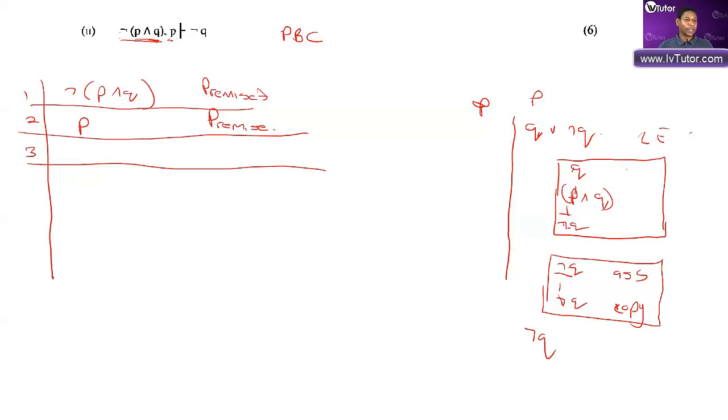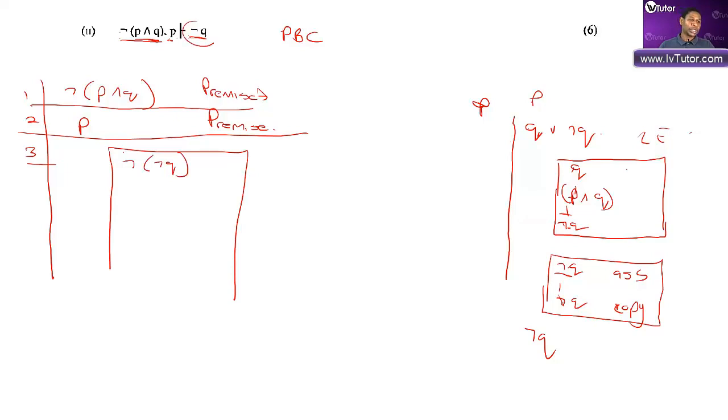From here, we want to prove not Q, so we can assume the negation. Let's assume the negation of not Q. So we want to get to not Q, we assume its negation.